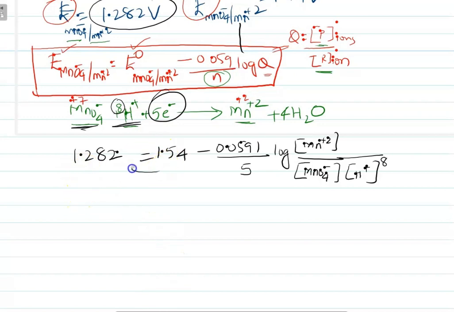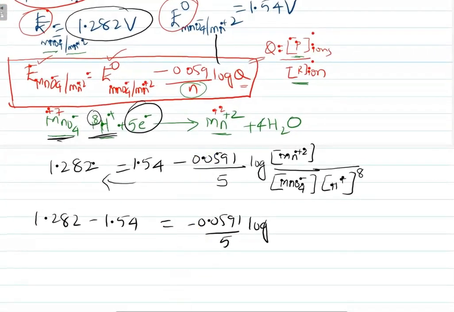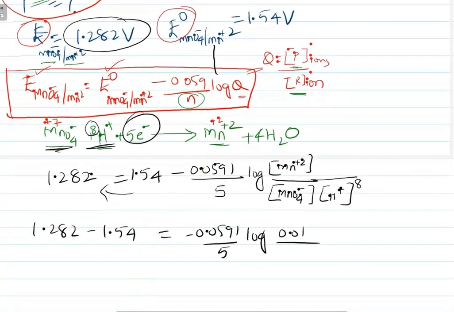So 1.282 minus 1.54 is equal to minus 0.0591 by 5 log of the concentration of Mn plus 2, which is 0.01, by the concentration of MnO4 minus, which is 0.1, into the concentration of H plus to the power 8.